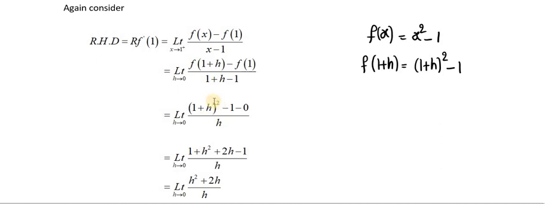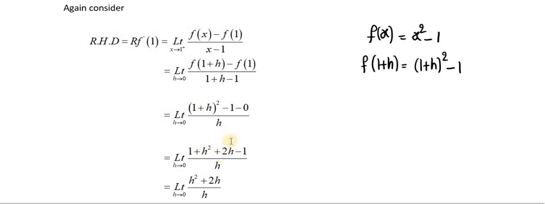Now in the numerator we have 1 plus h whole square. Now expand this term with the help of the formula a plus b whole square. This is a square plus b square plus 2ab. That means 2 into 1 into h.